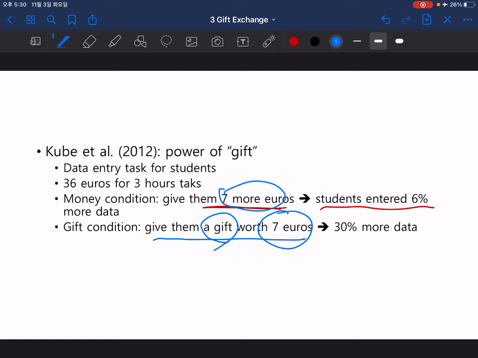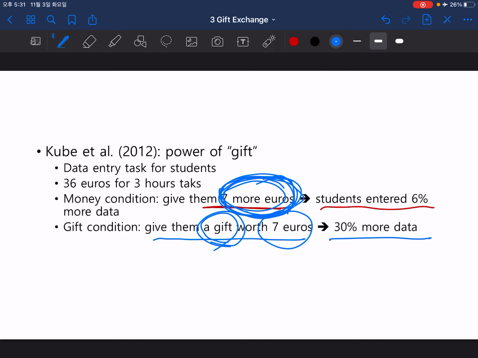According to traditional economics, actually traditional economics does not predict anything. Usually we say people prefer money to material gifts, so maybe we can expect students to work harder in the money condition, but it turns out students worked harder under the gift condition. So this is called the power of gift.